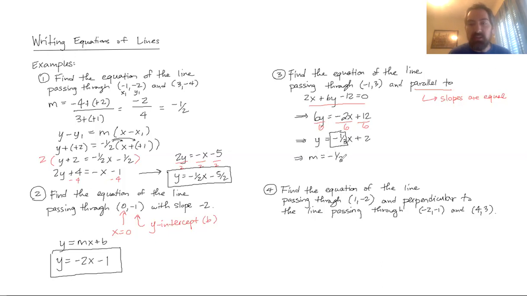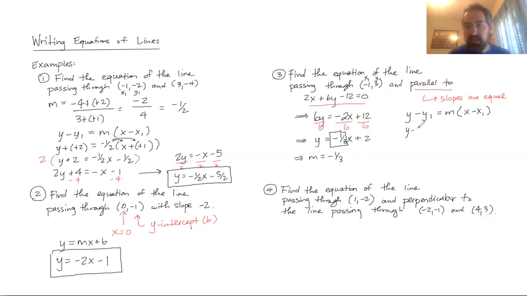So I can use that along with my point (-1, 3). Now this example becomes the same as the previous example in the other video that we had, using the point-slope form. I can call x1 to be -1 and y1 to be 3.